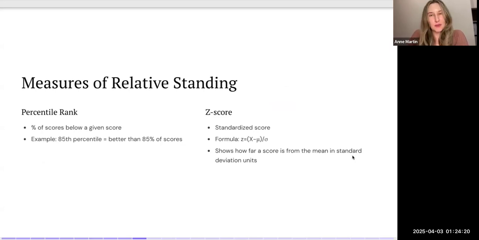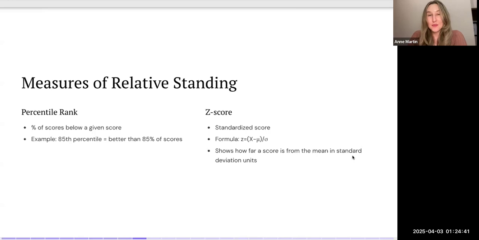Now, another descriptive statistics metric is measures of relative standing. So we have percentile rank, which is very commonly used in education in terms of test scores such as SAT, GRE, and MAP assessment, to see how a particular score compares to other scores.